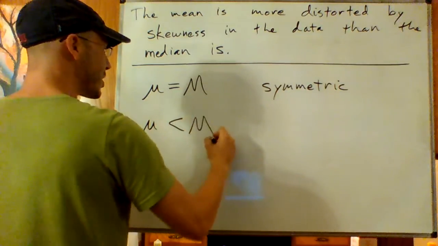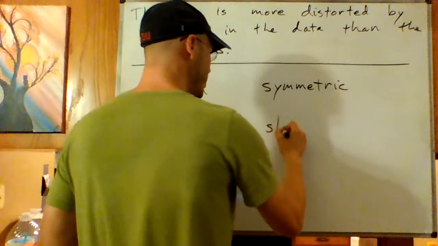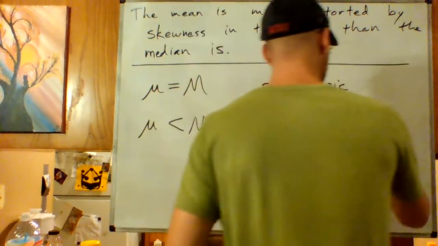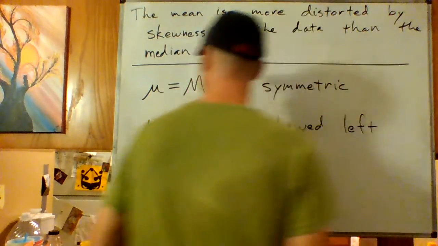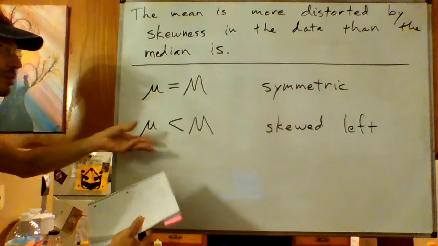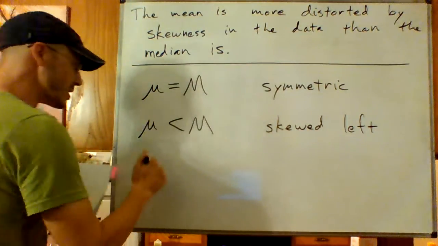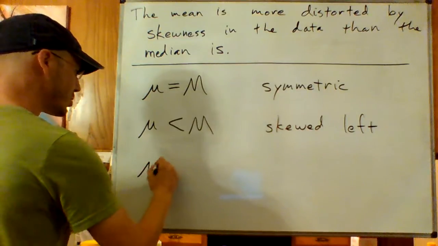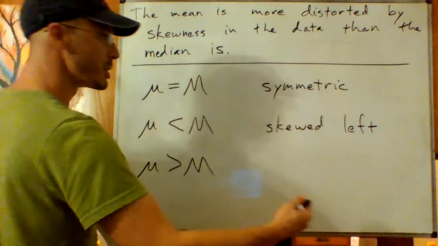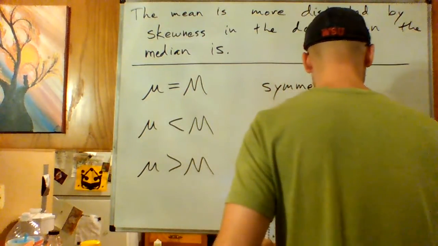So we had to first, we skew left first. Skewed left is when the mean is pulled to the left. The mean is skewed to the left by low data values, and then mu greater than, if the mean is greater than the median, that's skewed right.